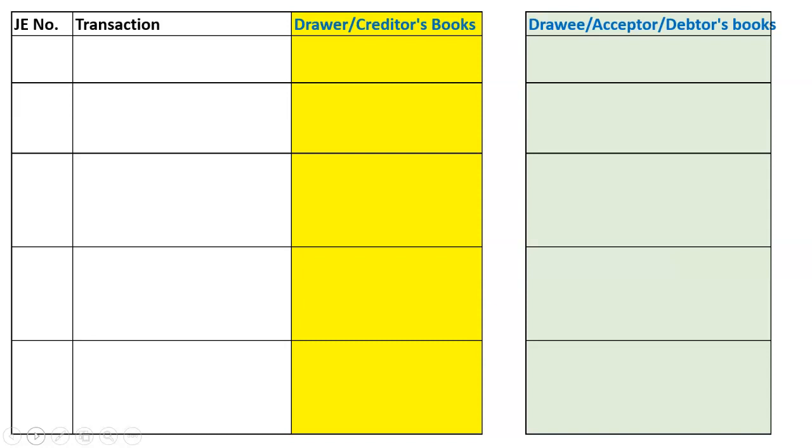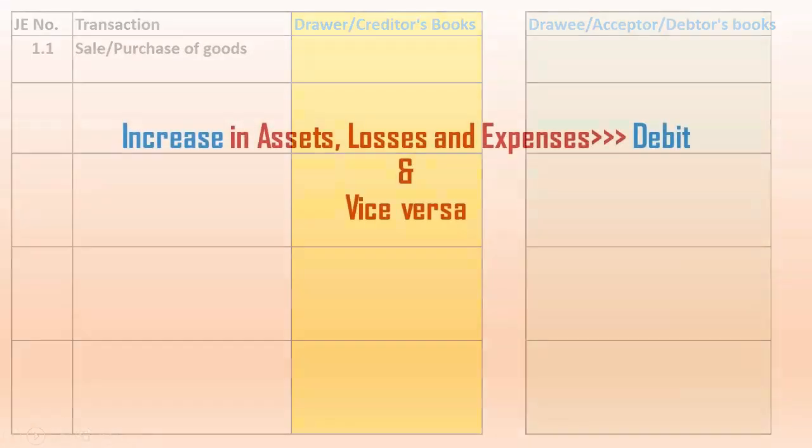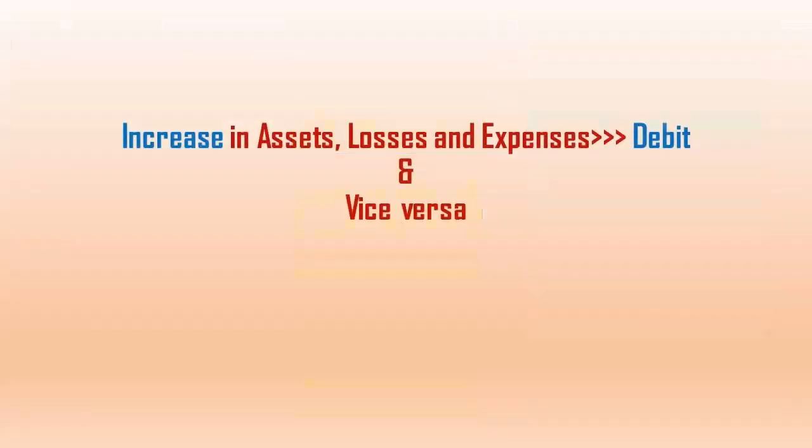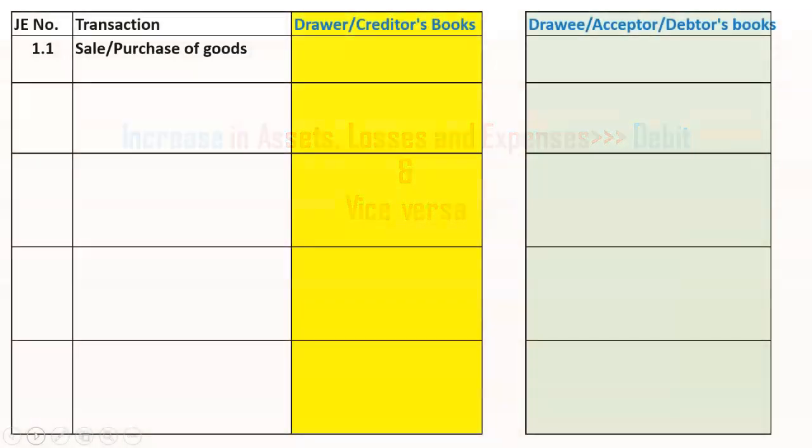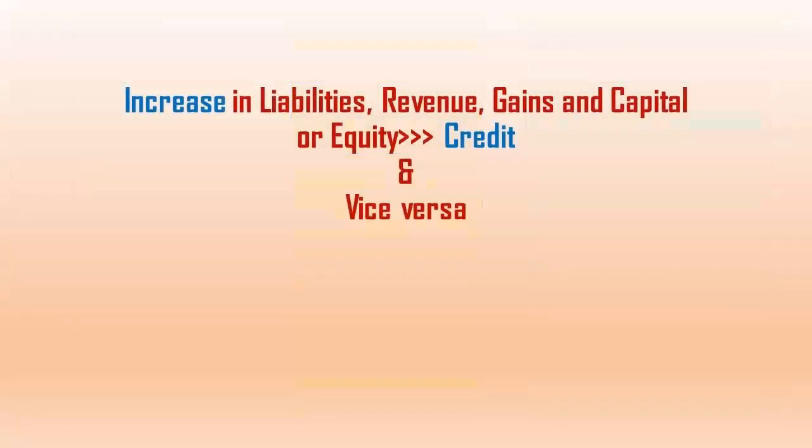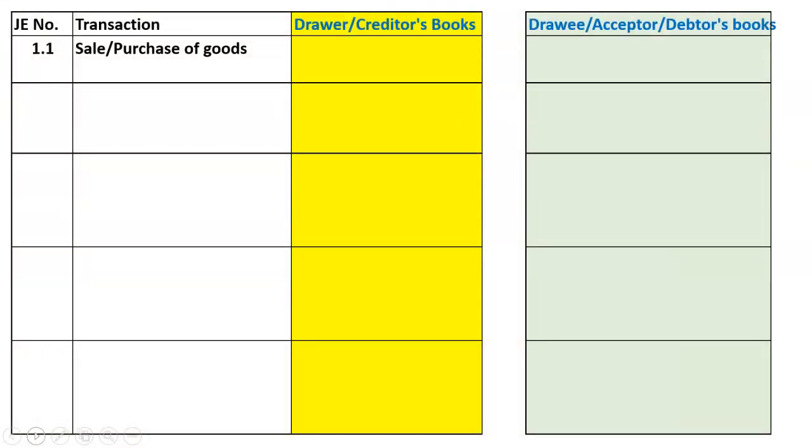Let us refresh our memory about the principles of debiting and crediting an account. Increase in assets, losses, and expenses is always a debit and vice versa. Similarly, an increase in liabilities, revenue, gains, and capital or equity is always a credit and vice versa. Let us make entries.